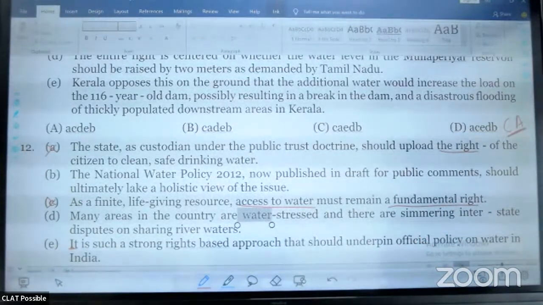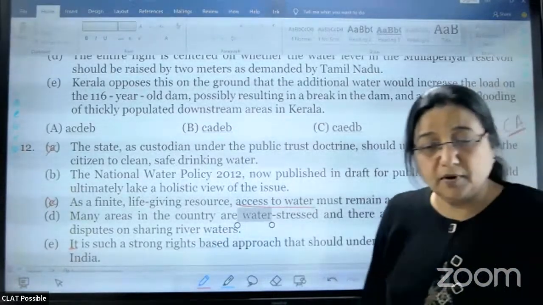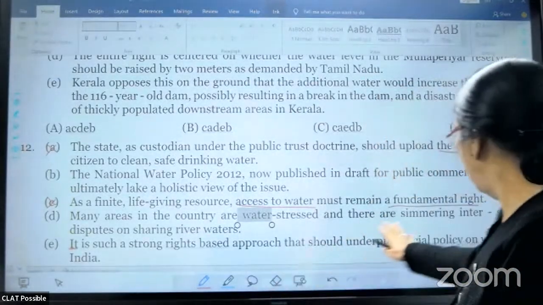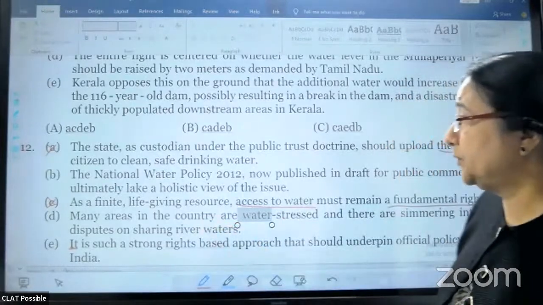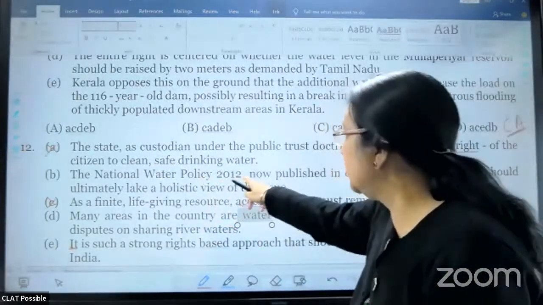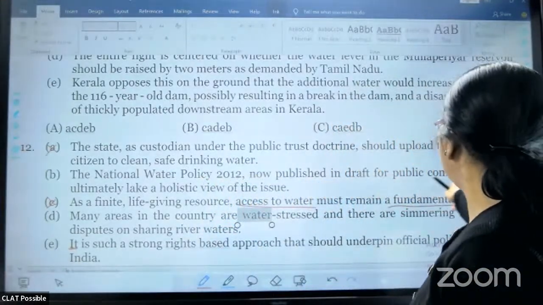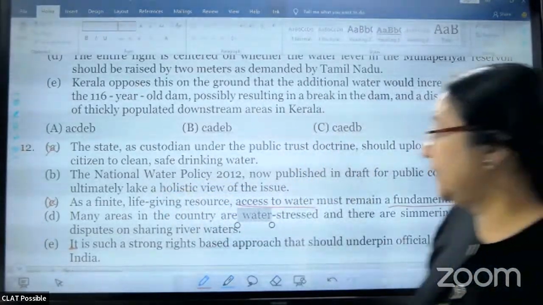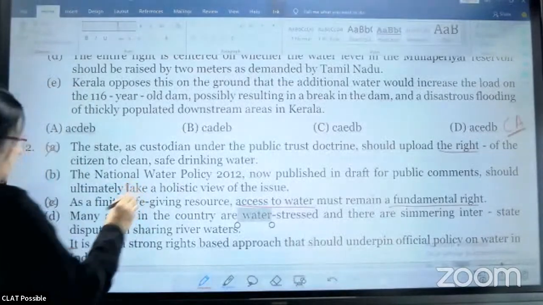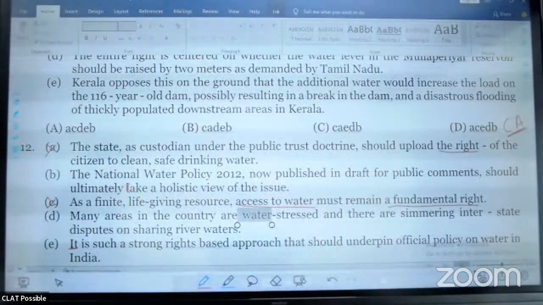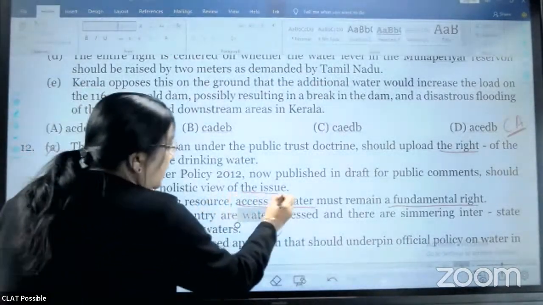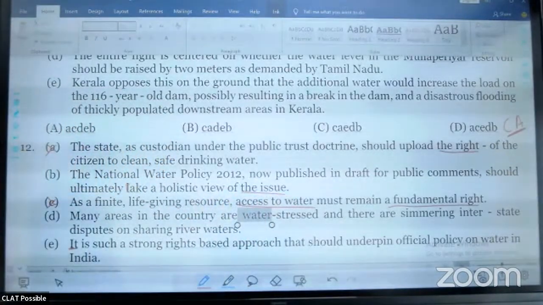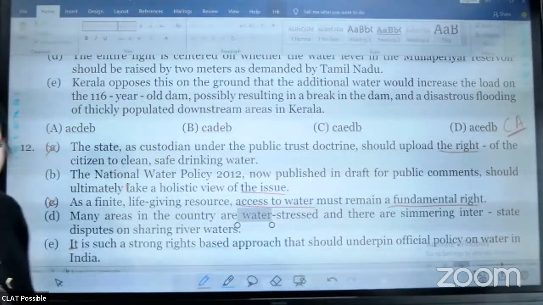That many areas are suffering from water problems and there are simmering interstate disputes. The national water policy, now published in the draft for public comment, should ultimately take a holistic view of the issue. Is the pair forming or not?